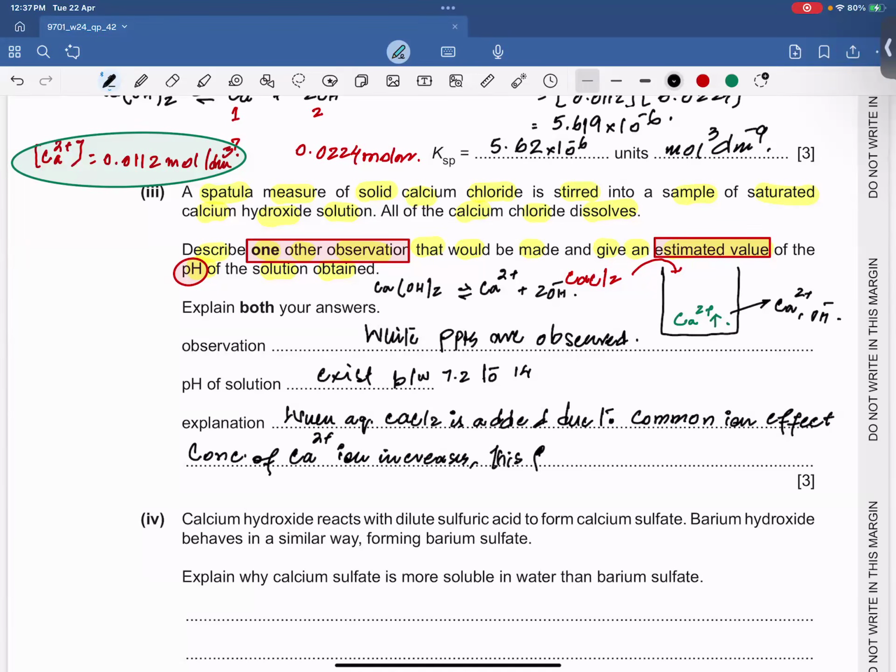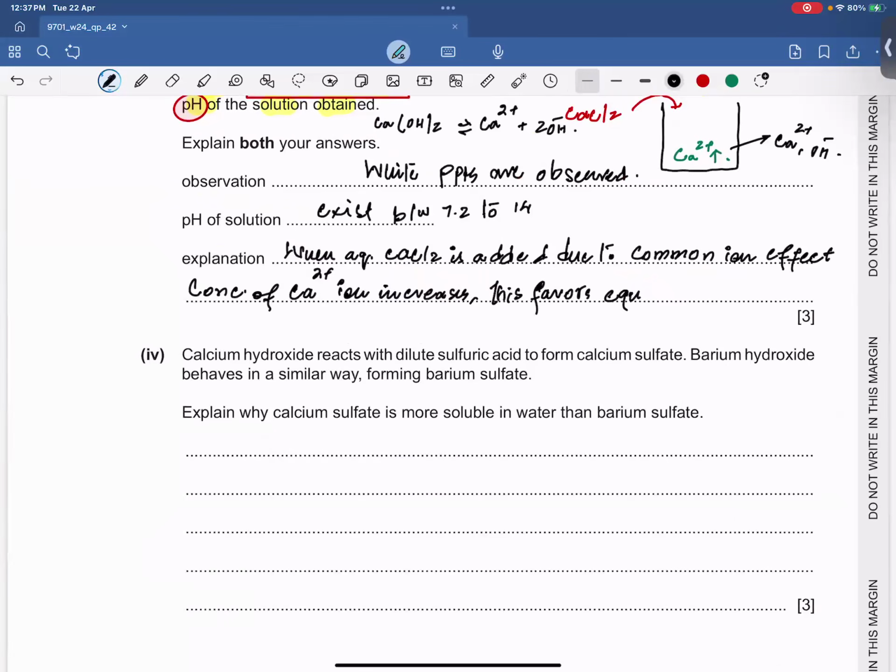This favors equilibrium towards left-hand side. Okay. Hence, precipitation increases. Which is why आपको precipitates observe हुए थे.